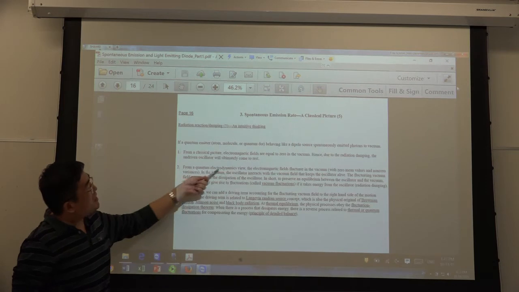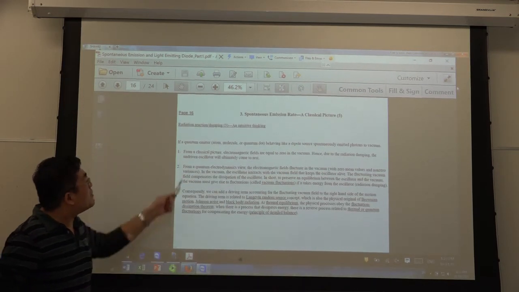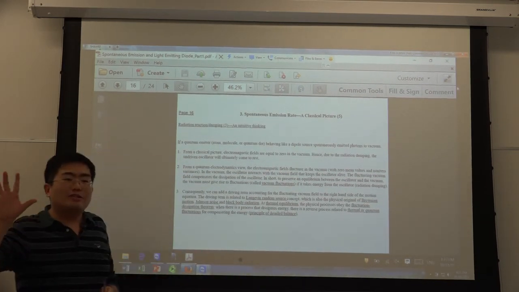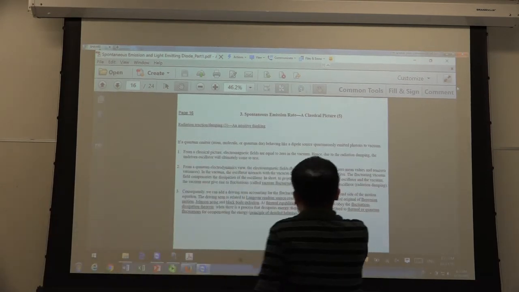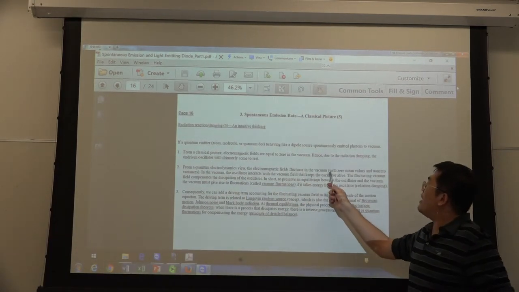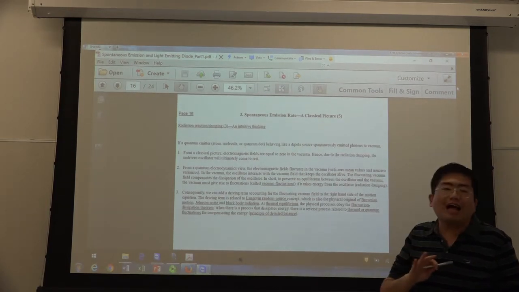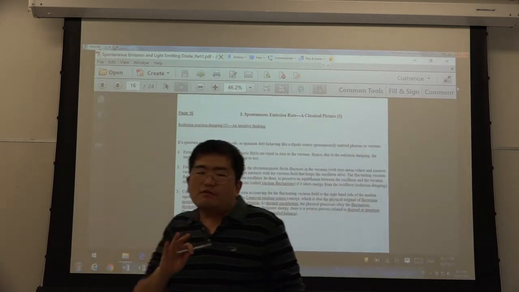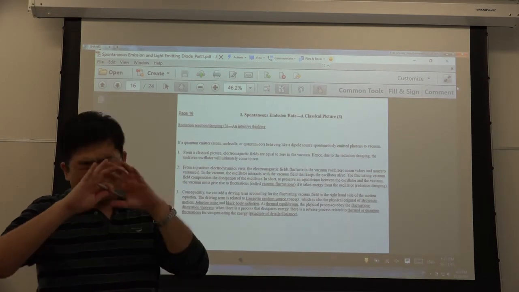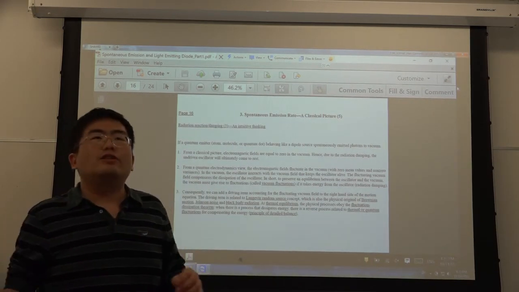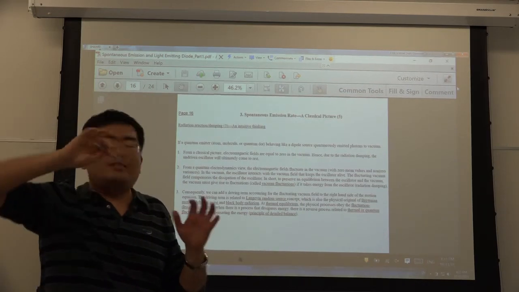Then from the quantum electrodynamic view, which was invented about 50 years ago, the electrodynamic fields fluctuate in a vacuum. What does fluctuate mean? I mean in a very dark environment, you cannot see any light, no laser, nothing.